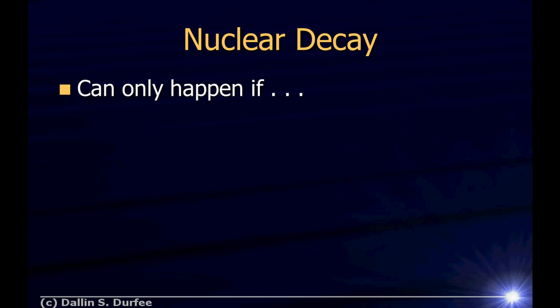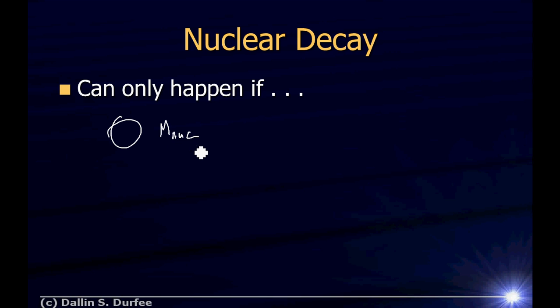But nuclear decay, what happens if I just have this nucleus and it spontaneously decays? That can only happen if it's energetically favorable. So I've got some uranium nucleus and it spontaneously splits, or some atom that emits an alpha particle, or emits a proton or a neutron. Nuclear decay can only happen if it's energetically favorable. What that means is I have this nucleus that I start with, and it has some mass.